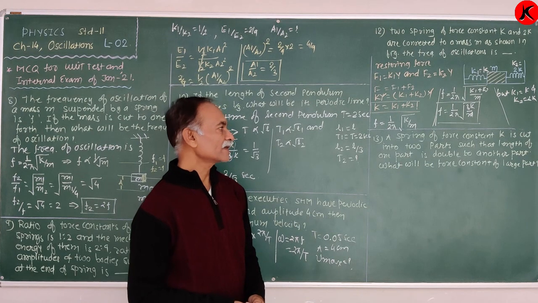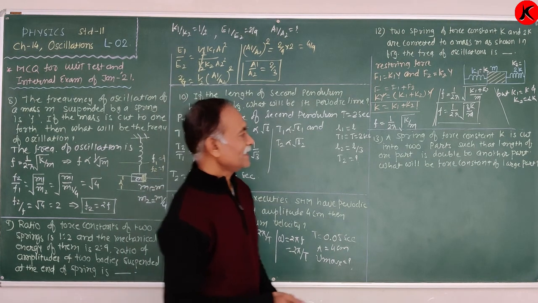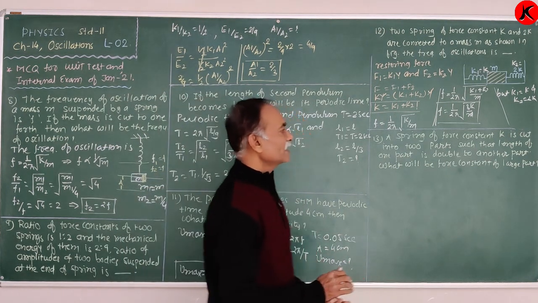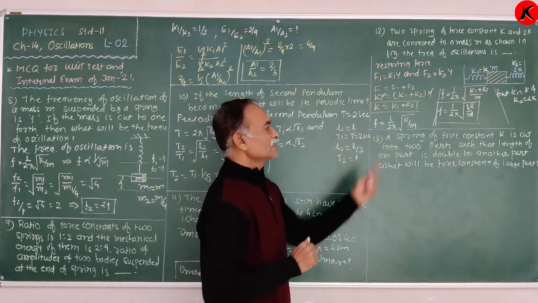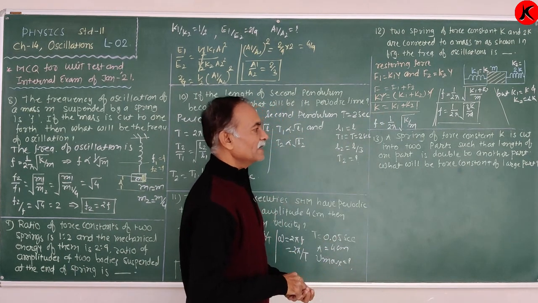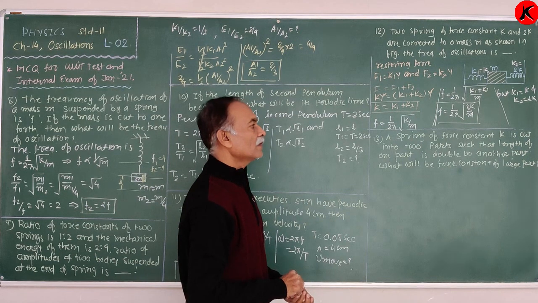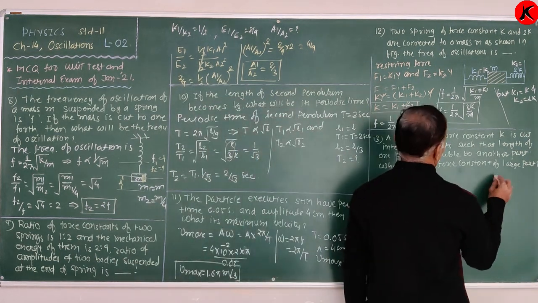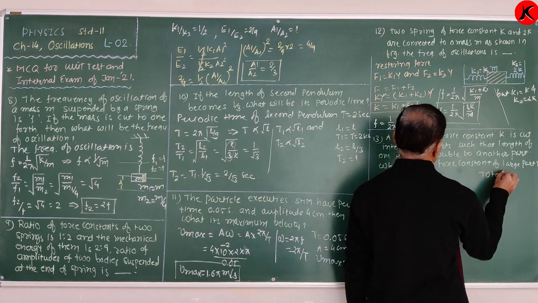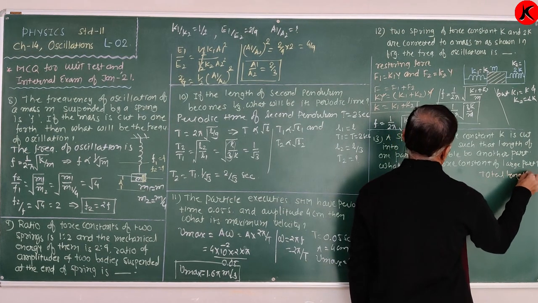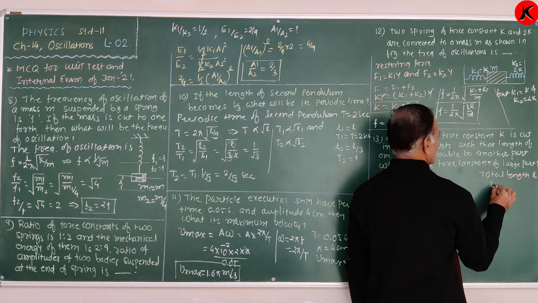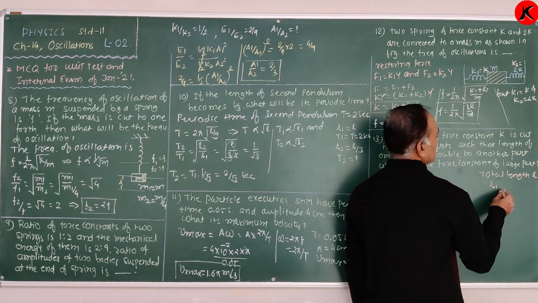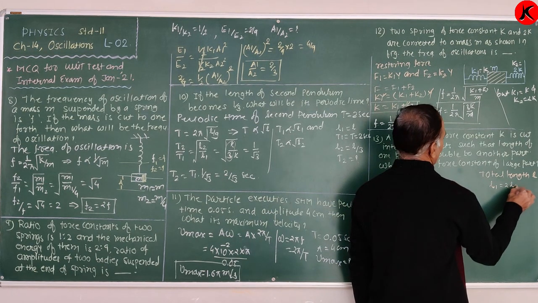Okay. Next, a spring of force constant K is cut into two parts such that the length of one part is double the other part. Right? So here the total length is L, one part is L1 and the second is L2, where L1 is 2L2.